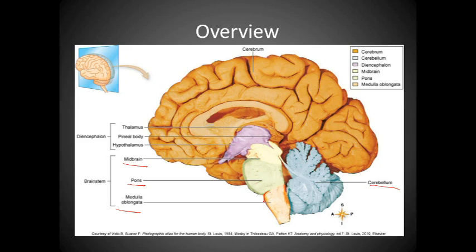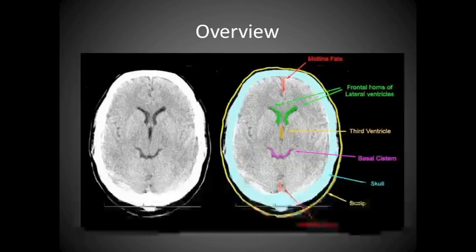Medulla oblongata sits directly below the pons, which this is the pons, and this is the midbrain. That is pretty much all the specific anatomy that we'll cover, because we're going to be focusing more along the lines of pathology.